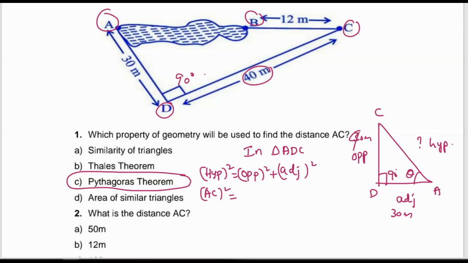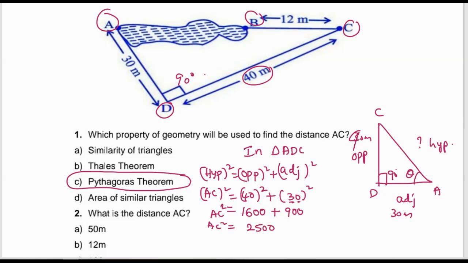So it is 40 square plus 30 square. 4 fours are 16, and double zeros when you square it. 3 into 3 is 9, and then double the zeros for the square value. So AC square is 1600 plus 900, which is 2500.